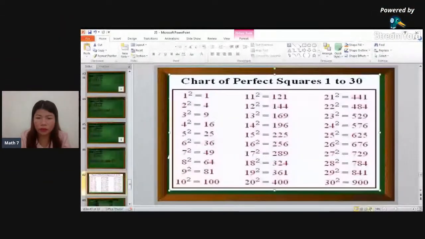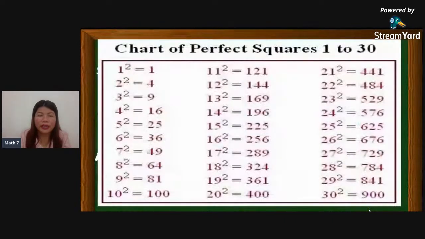Share screen ko na to. Pakikopya muna po nito sa inyong notebook or sa papel, kasi kakailanganin nyo yun mamaya.